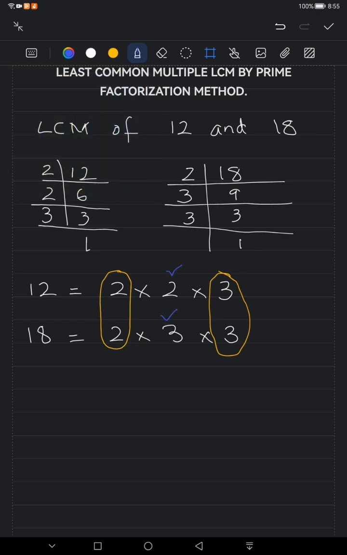Now if you have seen the video of finding HCF using prime factorization method, in HCF we used to multiply only the common factors, but in LCM we multiply common factors and uncommon factors.